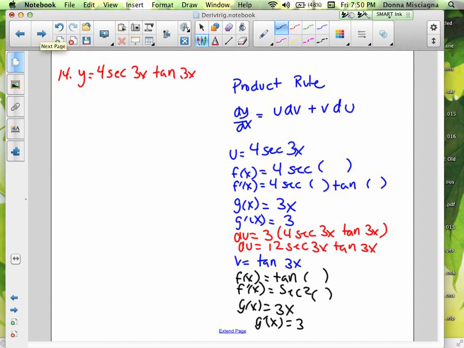So that makes our dv, I'll put it over here, I guess. Our dv is going to be 3 times secant squared blop, or 3x. So 3 secant squared 3x. Okay. So now we have all of our players.